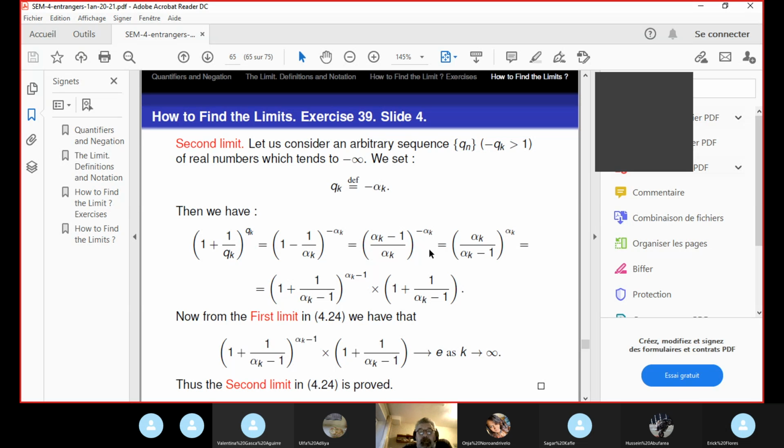Agree? Yes, agree. So now we go to the common denominator, then we'll have a fraction alpha k minus 1 over alpha k to the power minus alpha k. Same thing as in the previous step of our rearrangement. Agree? Nothing special.